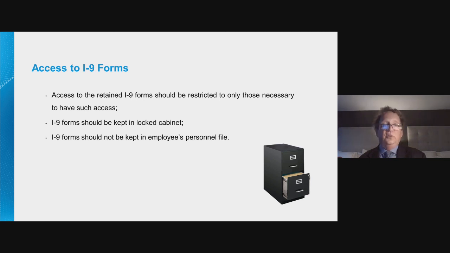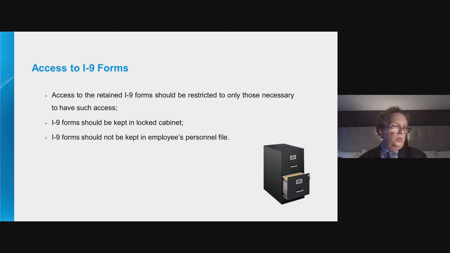So access to I-9s: unfortunately, I see a lot of situations where employers are very, very lax on who gets access. These are important documents. It's not money, but there's a lot of data in there that, if somebody gets a hold of your Social Security number, your A number, various things can be a problem. So keep it in a locked cabinet. If you don't have a locked cabinet, but you have a locked room, keep it locked in that room.